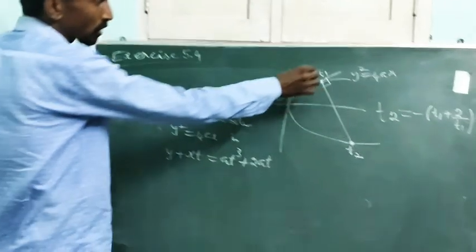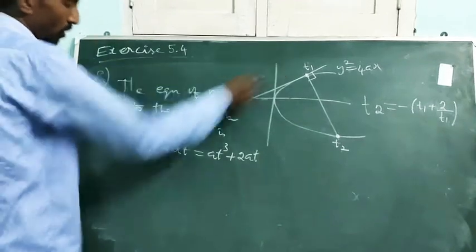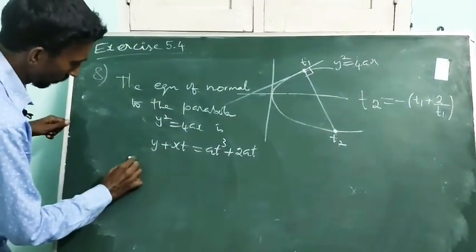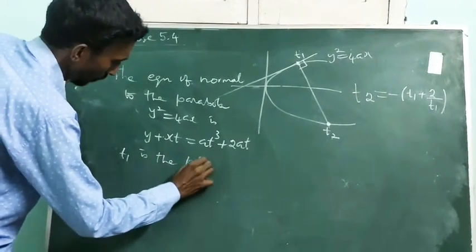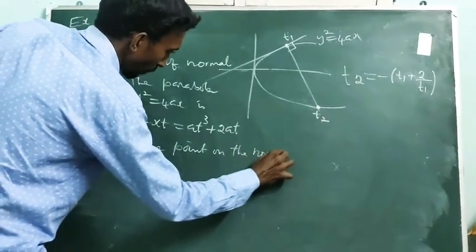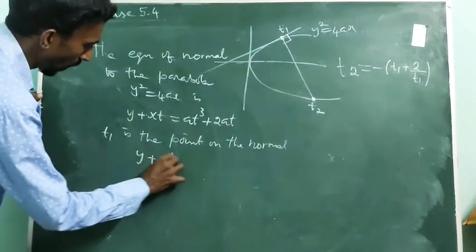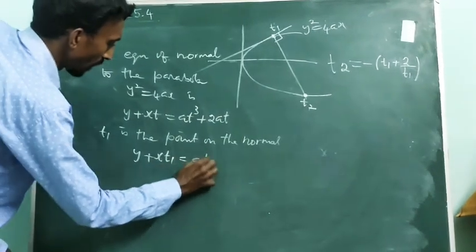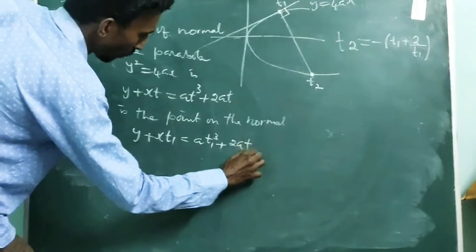So t1 is also a point on the normal, so it satisfies the given equation, which implies y plus xt1 equal to a t1 cube plus 2a t1.